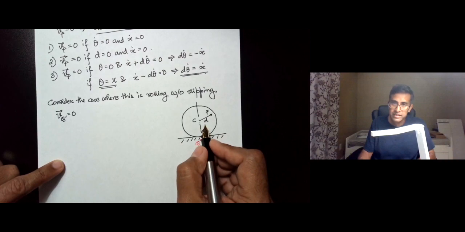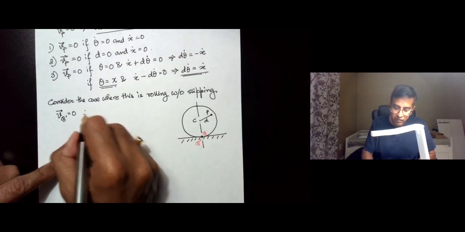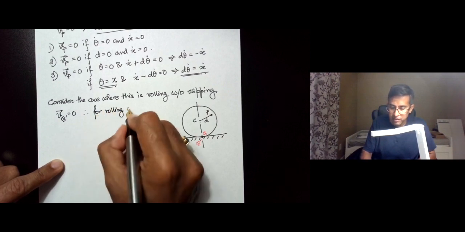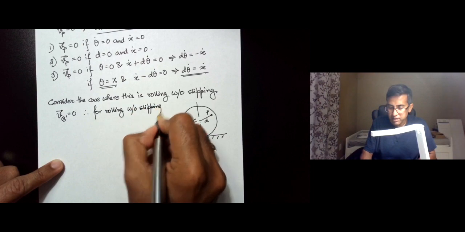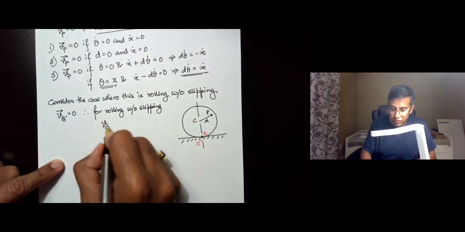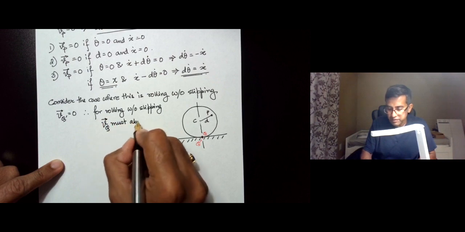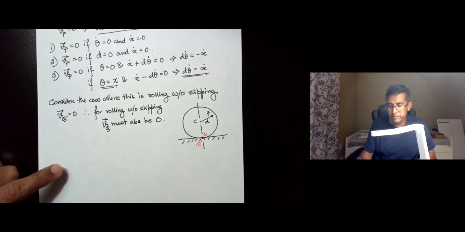Now if the disk is rolling without slipping, so therefore for rolling without slipping, VQ must also be 0. Right?